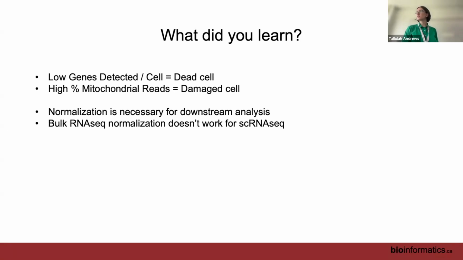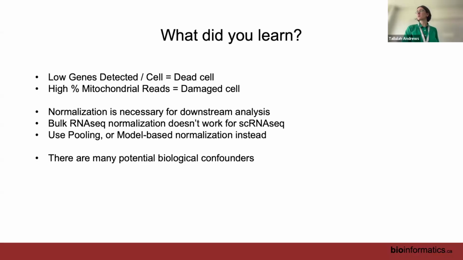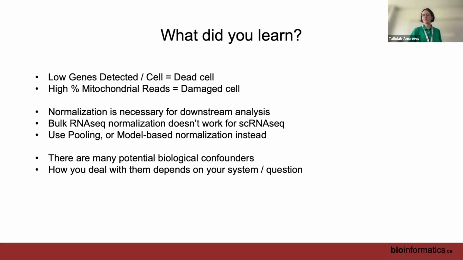Bulk RNA-seq normalizations don't work for single cell, but we can use scran as a trick to get around that. There's lots of potential biological confounders, and there's no golden rule for how you deal with them. It depends on your particular system and question you have, and how good your data is and how impactful those confounders are. And if you're going to do imputation, use it for visualization only.